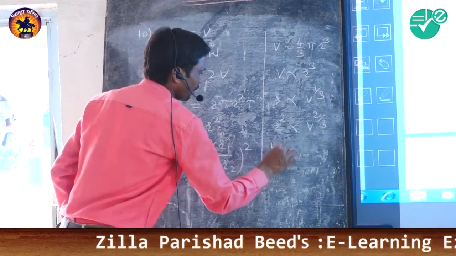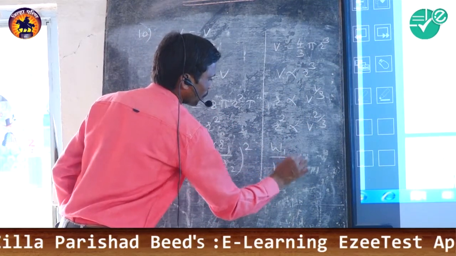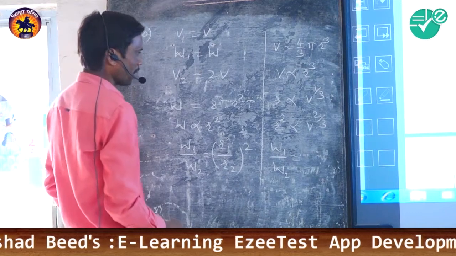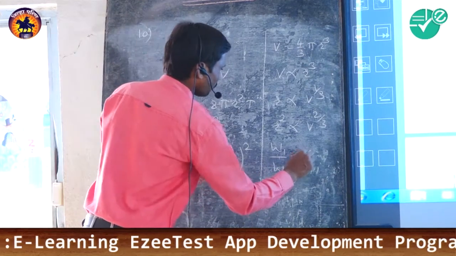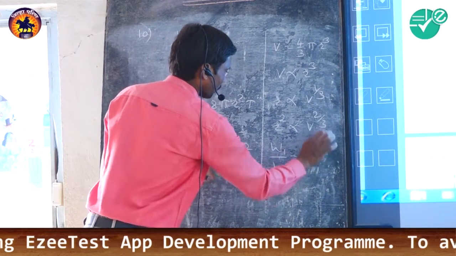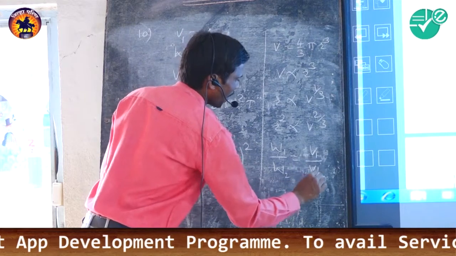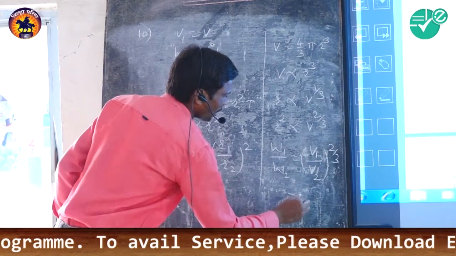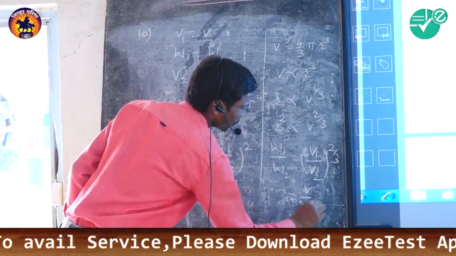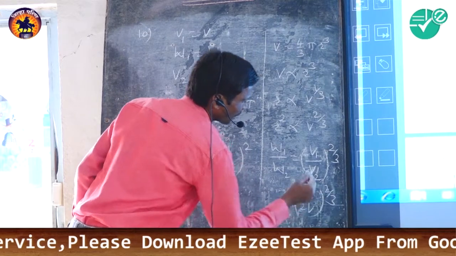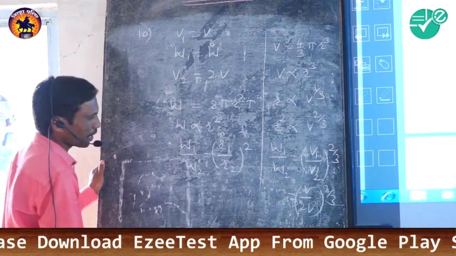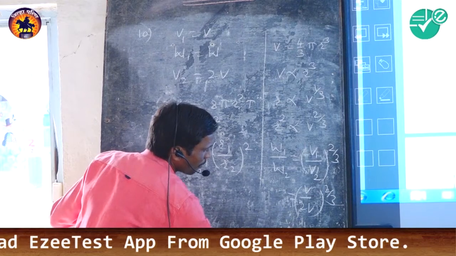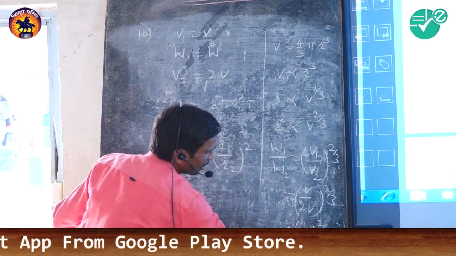It means W1 divided by W2 is equal to V1 divided by V2 raised to 2 by 3, and that is equal to V over twice V raised to 2 by 3, which is 1 divided by 2 raised to 2 by 3.